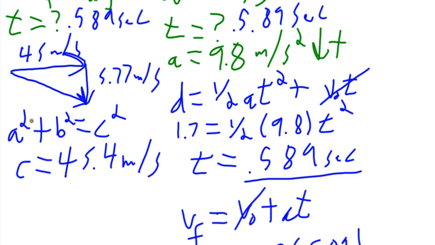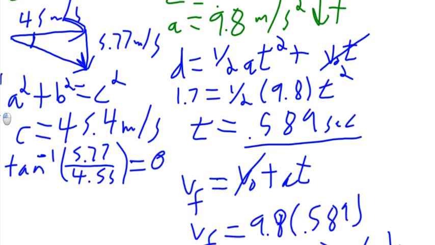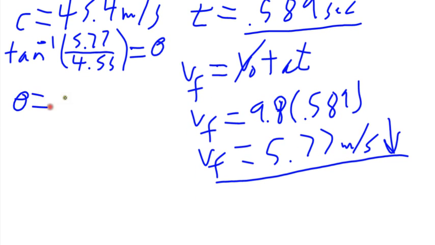Now, this is only half of the answer in this case. Because we now have a non-perpendicular vector, we need to find the angle because this is a vector quantity. And so now we can use the inverse tangent. Going back to what we learned with our angles before, we use the inverse tangent of opposite over adjacent. So it's going to be 5.77 divided by 45.0. And that's going to give us our theta. And so now we know that our theta is equal to 7.31 degrees.